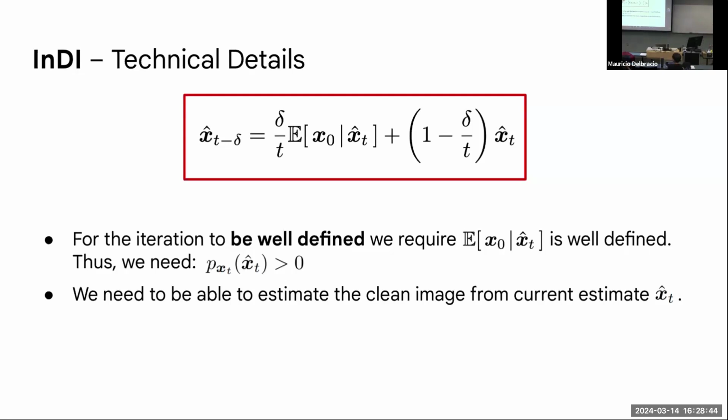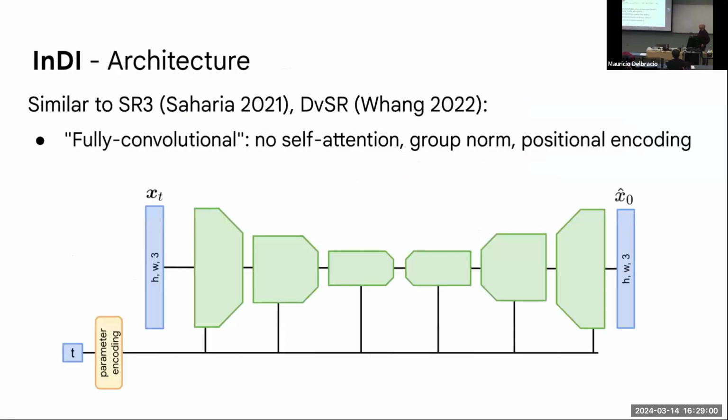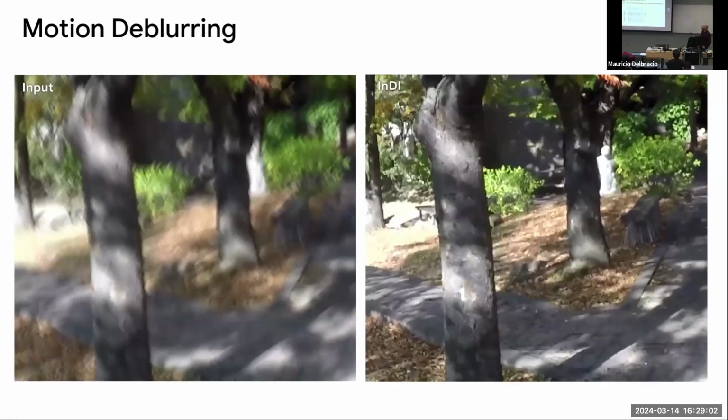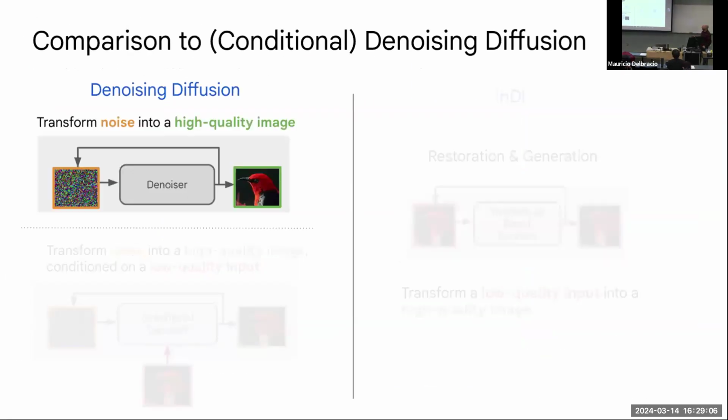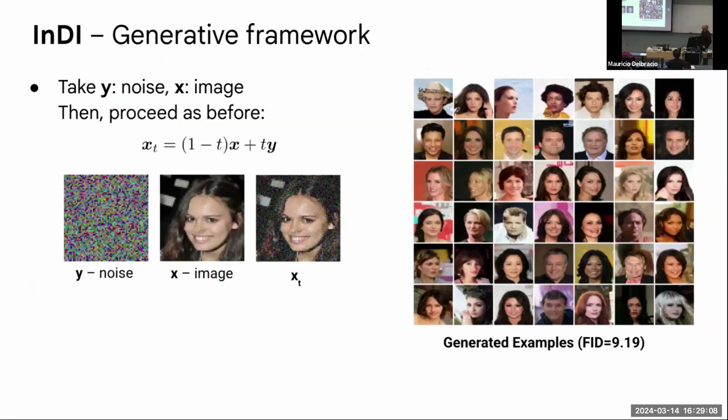Yeah, my question is similar to his question. In a diffusion model, you generate the image from noise, right? In your model, you generate the image from some low quality image, right? You cannot generate an image from random noise. Yeah, I show that actually. We can apply the same framework, conditional, right here, to start from noise and generate images.